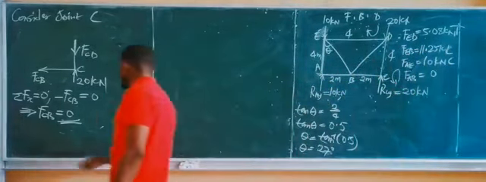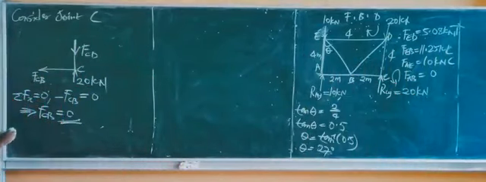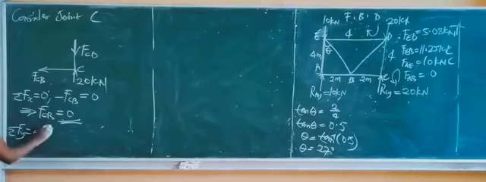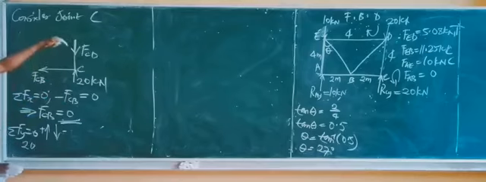Next is to employ the second equilibrium law, summation of vertical forces, summation Fy equal to 0. So we consider upward force as positive, downward force as negative. We have 20 kilonewtons pointing upwards, positive, so we have 20. We also have FCD, which is coming down, so it's negative.